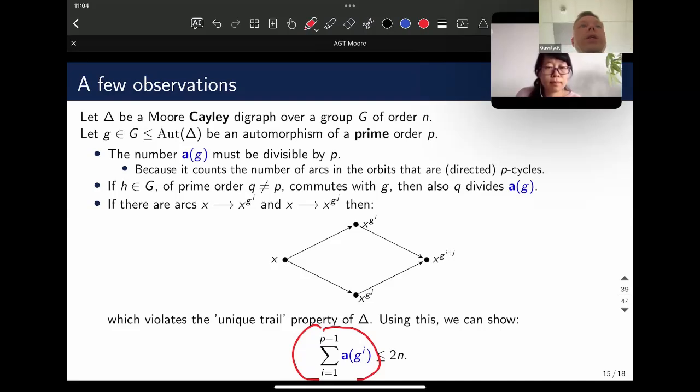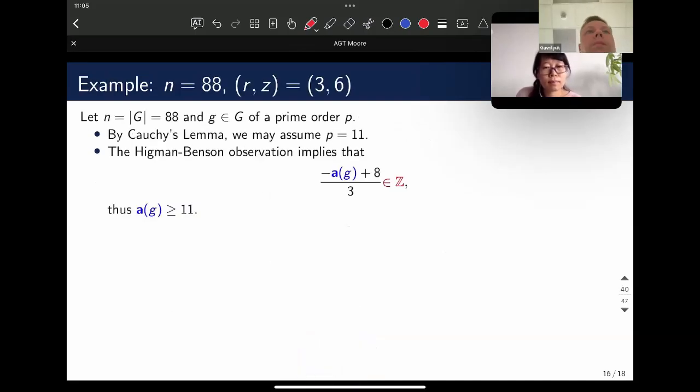Okay, so now let's see how these observations help us to rule out some feasible parameters for Moore Cayley digraphs. So let's consider this example, a putative Moore digraph on 88 vertices with valencies, degrees, sorry, 3 and 6.